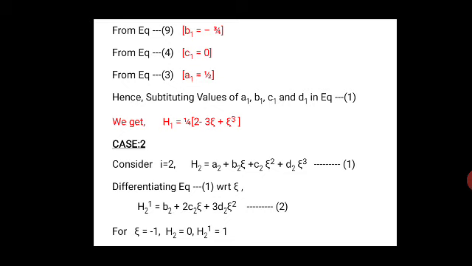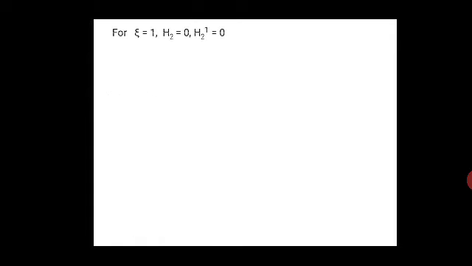Now apply the conditions which have been given in the table. That is, at zeta is equal to minus 1, h2 is equal to 0, and h2 dash is equal to 1. Now for zeta is equal to 1, h2 is equal to 0, and h2 dash is equal to 0. Substitute the values in equation 1.